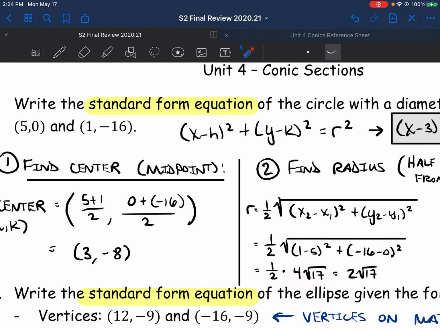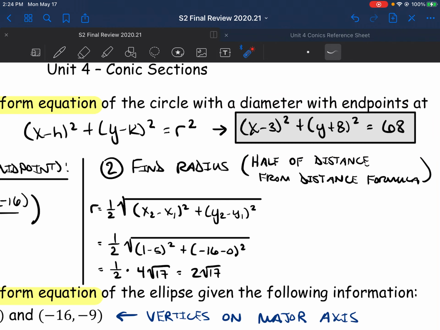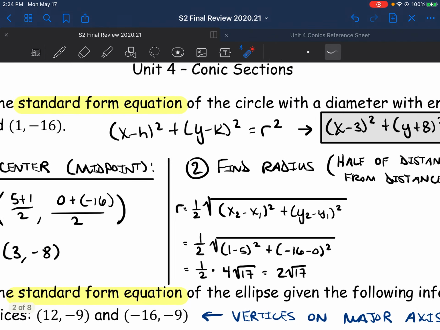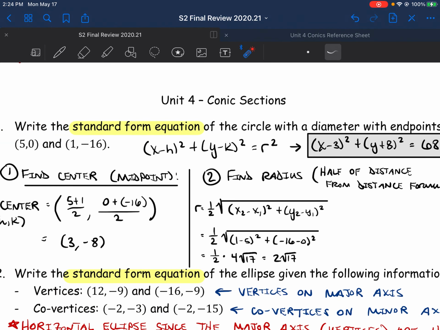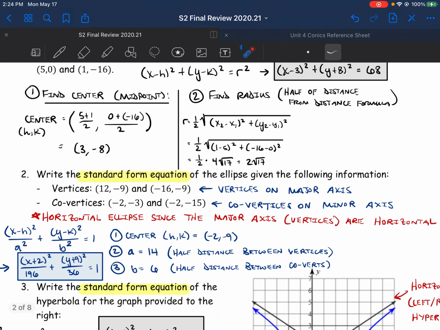So that gave us (x - 3)^2 + (y + 8)^2. And if we take 2 root 17 and plug it in here for the radius, well, (2 root 17)^2 would give us 4 times 17, which is 68. And that's going to give us the standard form equation of the circle with diameter with endpoints at (5, 0) and (1, -16). All right, moving on to the next problem.